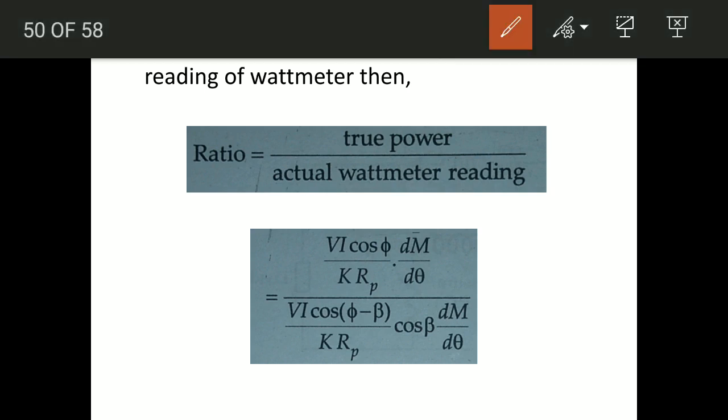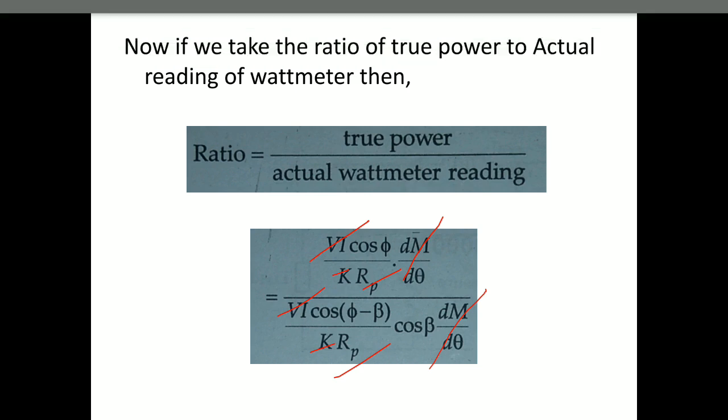Now in this case, if you solve this mathematical equation, dM by d theta will get cancelled out, VI will get cancelled out, K Rp will get cancelled out, and you will have in the numerator cos phi and in the denominator cos beta into cos of phi minus beta.